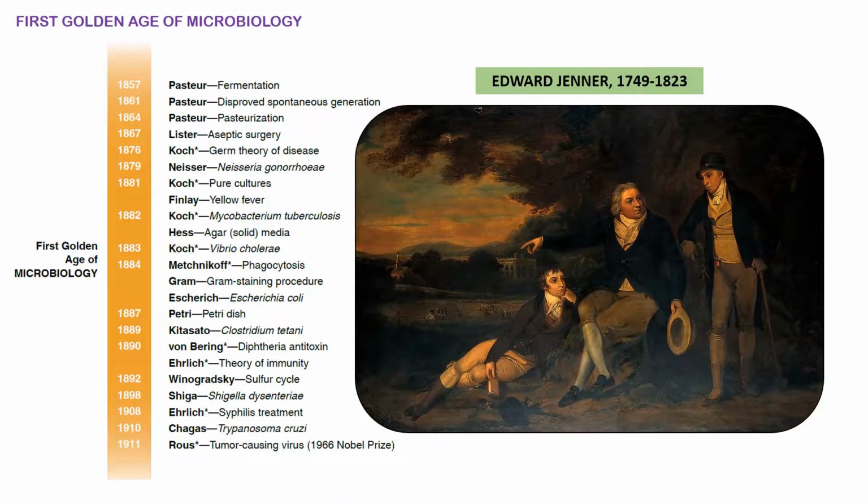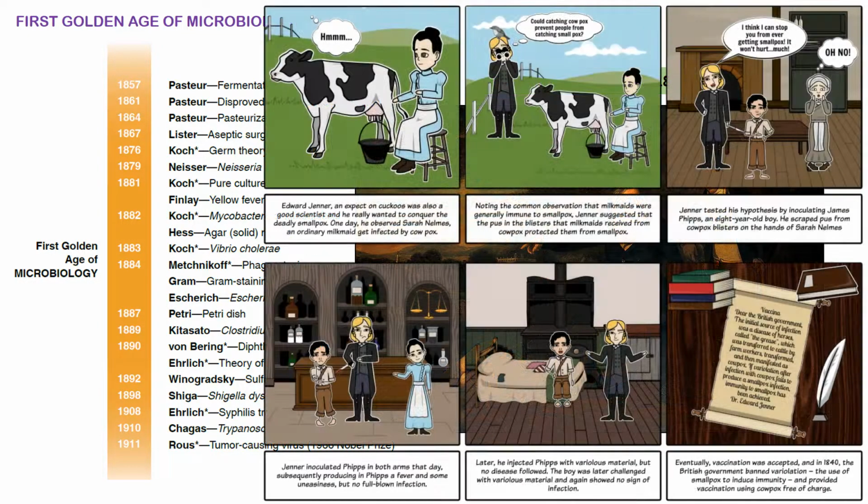Jenner observed that milkmaids exposed to cowpox are relatively resistant to smallpox. So he thought, why not inject cowpox to healthy individuals? And it will cause perhaps a mild fever. Then the immune system will produce antibodies and memory cells that will combat smallpox. So in short, it worked.